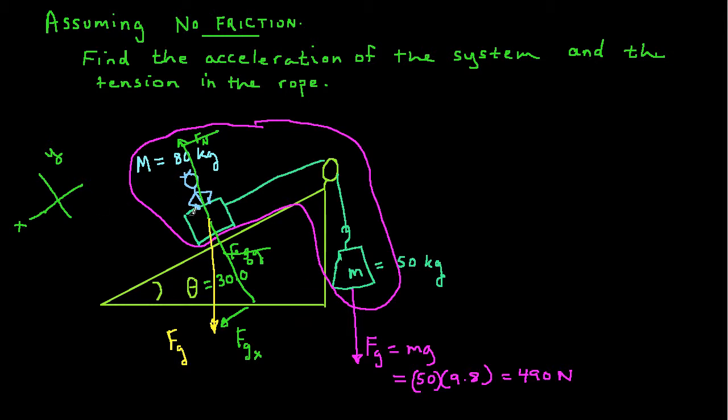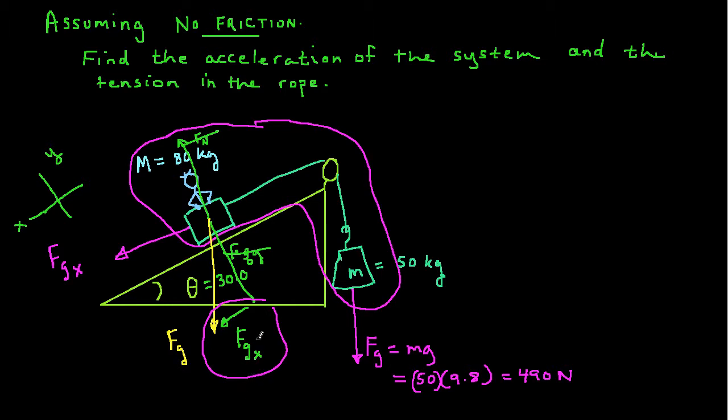They're not going to cause motion along this line because it's completely perpendicular to it, so it's not affecting our system's motion. This FGX is the one that's pulling us down the ramp.